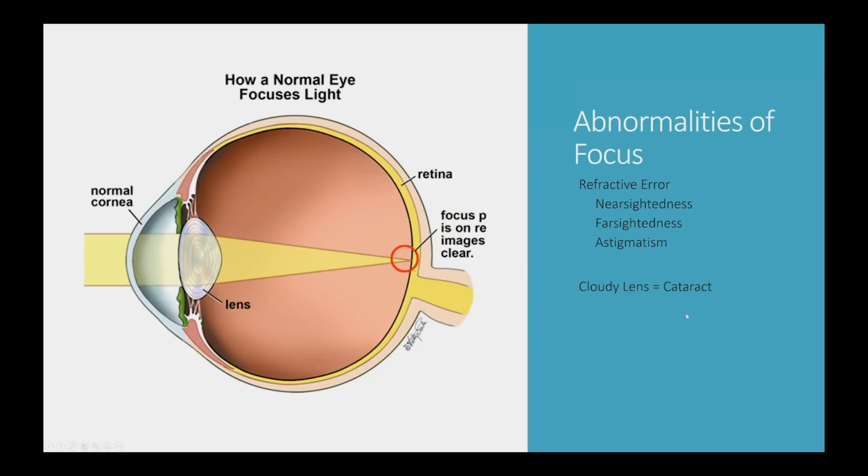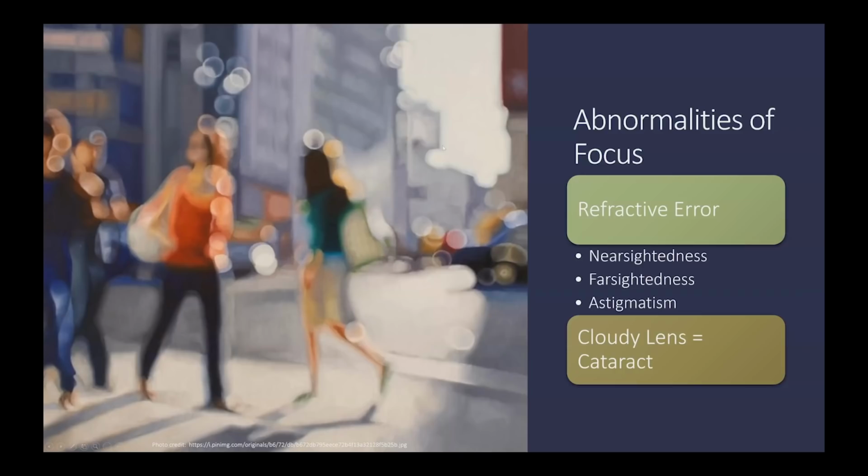Abnormalities of focus result in nearsightedness, farsightedness, and astigmatism. And if the lens is cloudy, then you're also going to have blur that's caused from cataract. Now, abnormalities of focus can be refractive error, so nearsightedness, farsightedness, and astigmatism, as well as cataract.